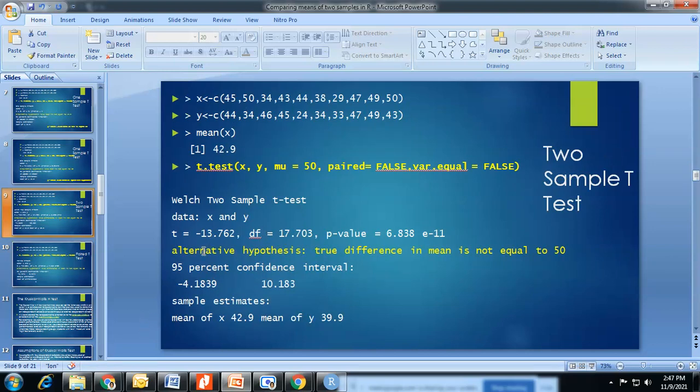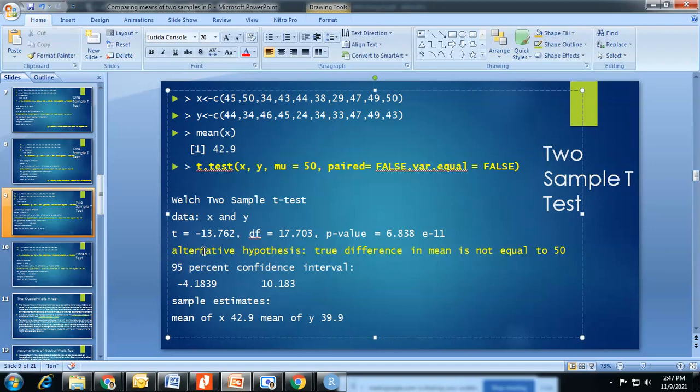In this case, it is certainly less than 0.05. So we reject the null hypothesis and we accept the alternate, that the true difference in mean is not equal to 50, because the mean of x is 42.9 and the mean of y is 39.9.